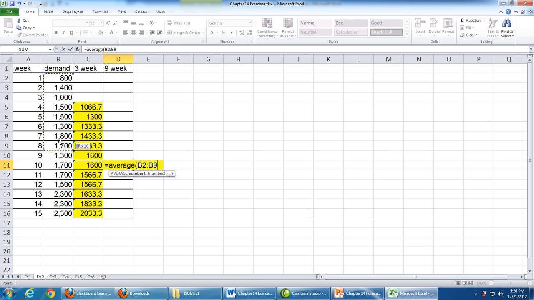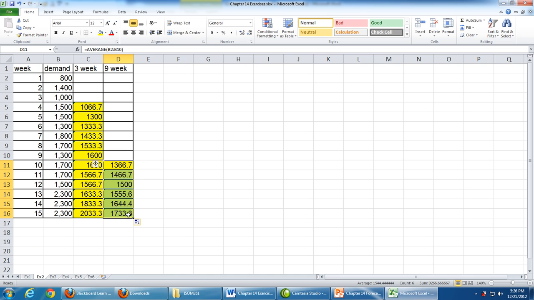Go back for 9 weeks. We can say that the forecast for week 10 equals 1366, which comes from the last 9-week average. Moving forward for the next forecast. Okay, that we call moving average, simple moving average.